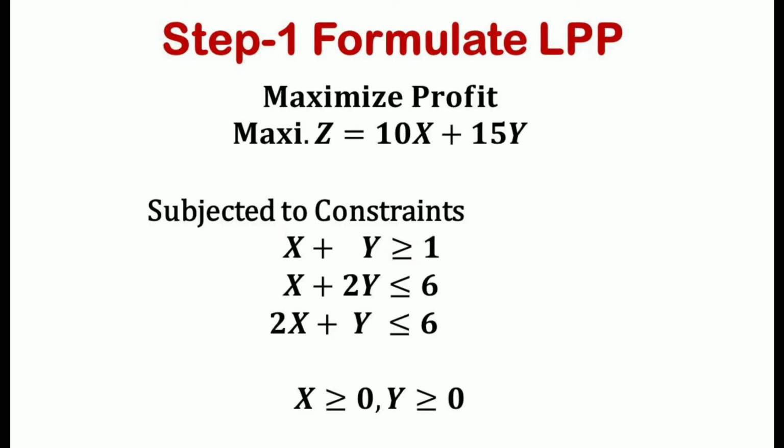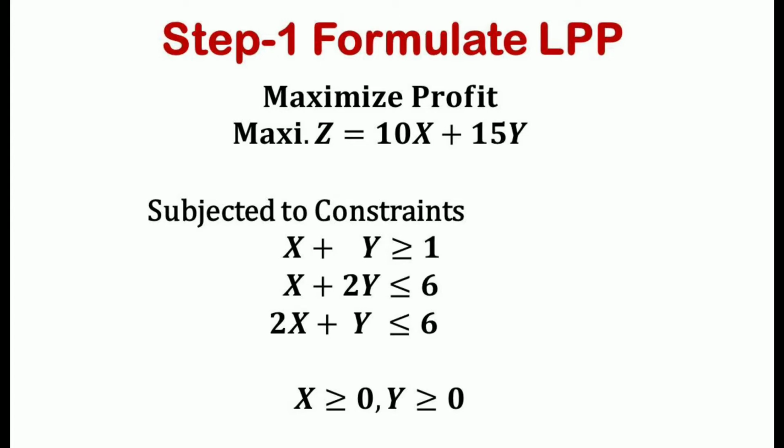After setting the objective function, the next thing is the restrictions or limitations on decision variables, that is the constraints. Here we have three constraints: x plus y greater than or equal to 1, x plus 2y less than or equal to 6, 2x plus y less than or equal to 6.